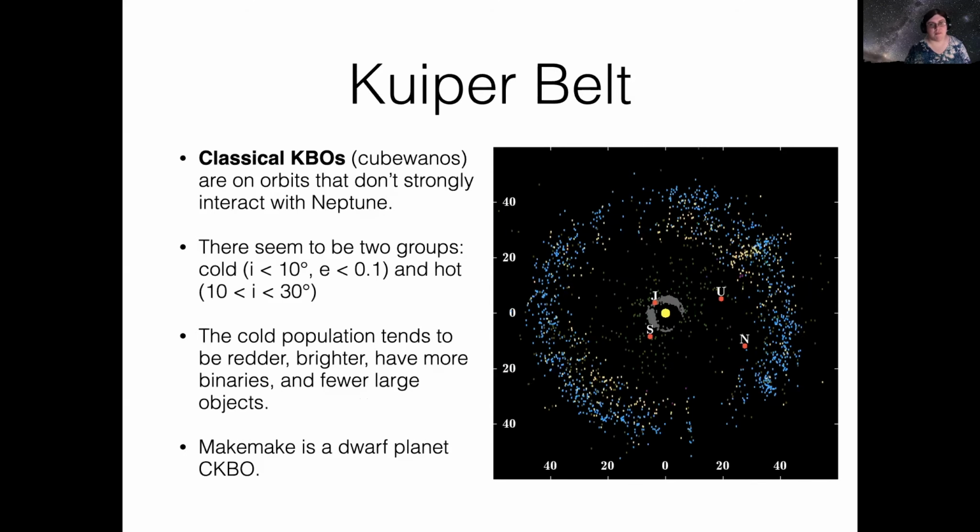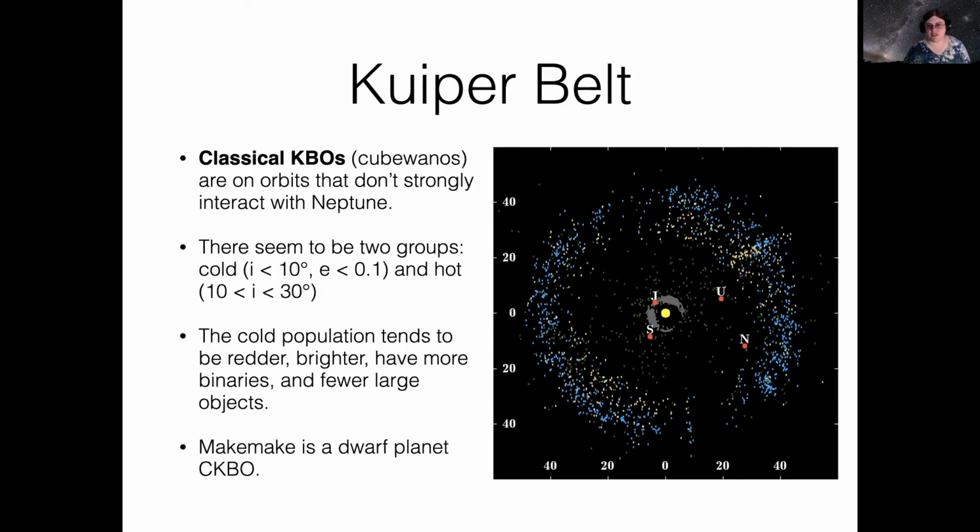Now, classical Kuiper belt objects are sometimes called cubewanos, after the temporary name of one of the first discovered objects. The second Kuiper belt object discovered was QB1, was its temporary name. You don't hear that as much. You normally hear Kuiper belt objects.